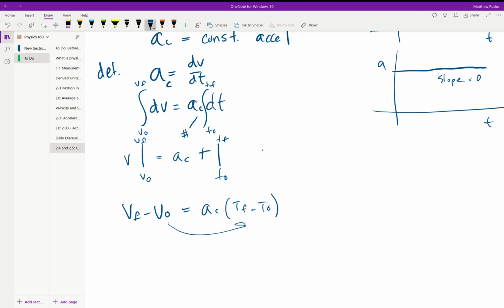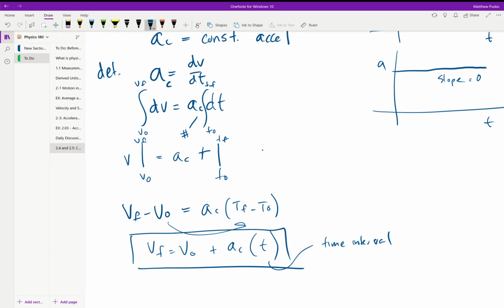We can throw this on the other side and say v final is equal to v naught plus that acceleration, and we can just throw time in there, whatever the time interval is. So there we go. We have one equation without using any average definitions or average velocity definitions, average acceleration definitions. We started with the calculus derivative definition.